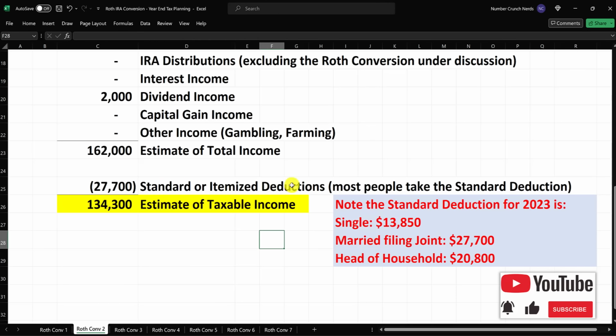If you've never heard of itemized deductions, most likely you are taking the standard deduction. So just put the standard deduction right here. The standard deduction for 2023 is $13,850 if you're single. In this example, I'm going to say that this taxpayer is married filing joint, very common. So the standard deduction is $27,700. Here's the amount for head of household. So just put in whatever the relevant amount is for you.